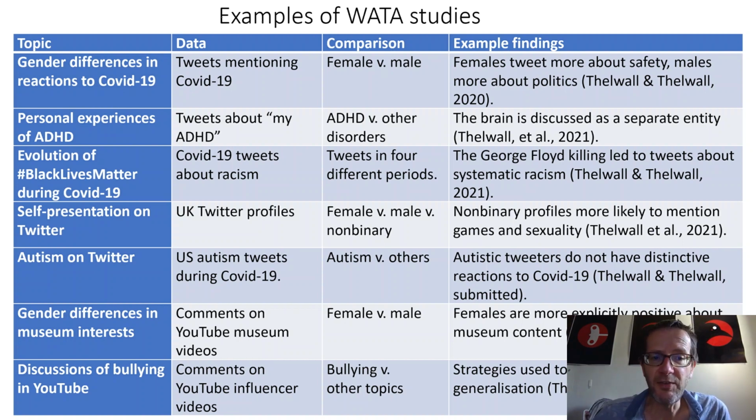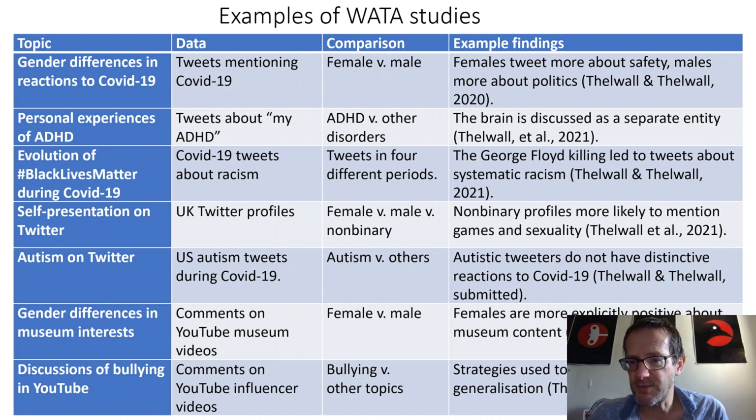And finally, discussions of bullying on YouTube. The data here was a set of comments on YouTube influencer videos. I forget how many influencers we had, but we had a large set of British female YouTube influencers, and we compared the comments on their videos, looking at the comments about bullying versus comments on other topics that were addressed in these comments.